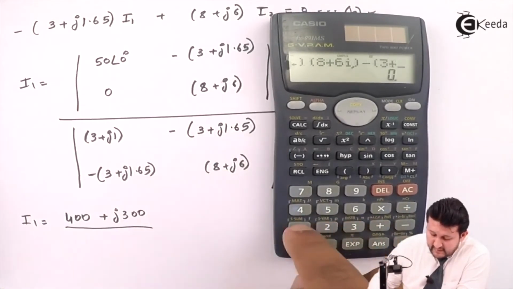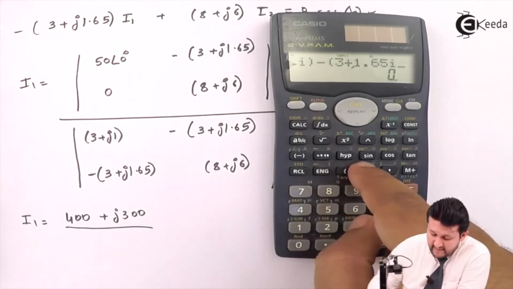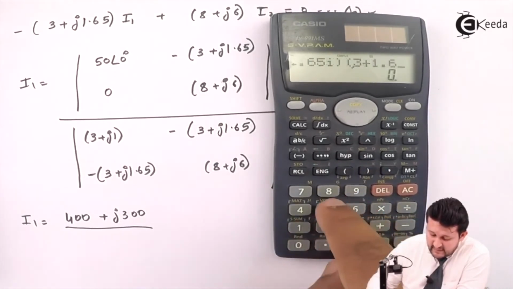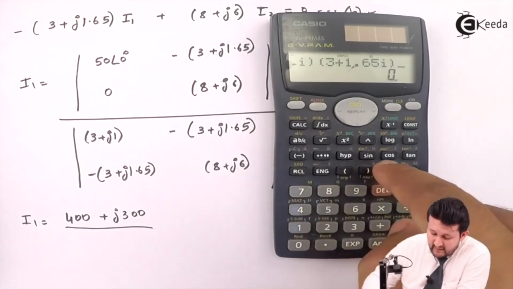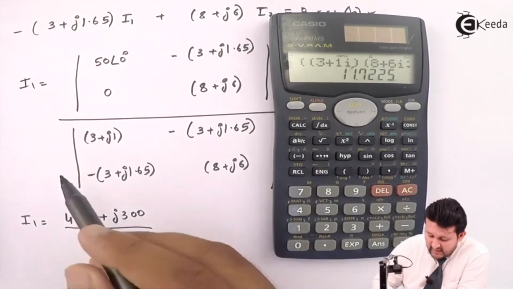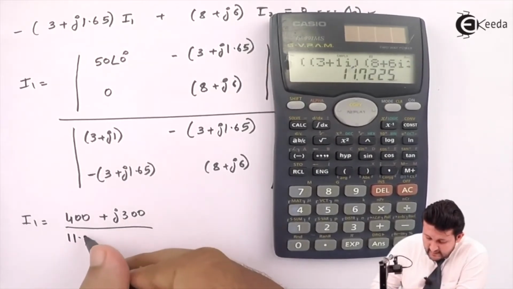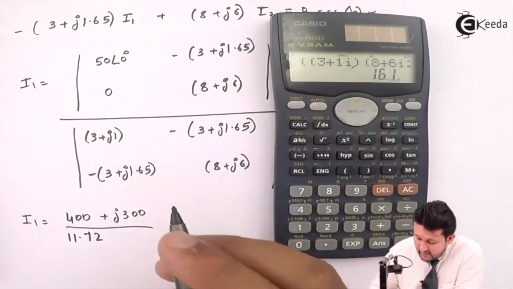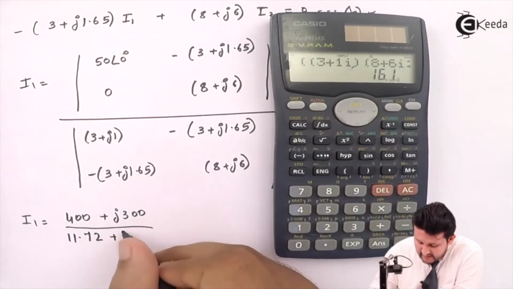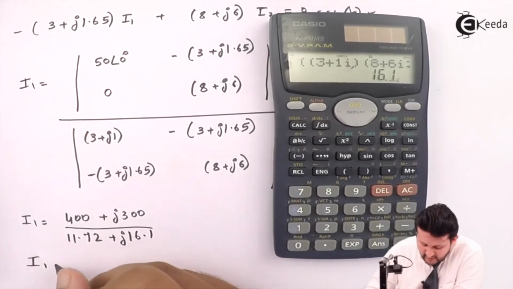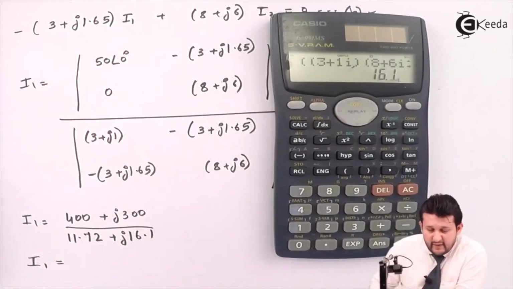It will be 3 plus 1.65 I, bracket close, bracket, 3 plus 1.65 I, bracket close, again bracket close for the denominator. So the value which you get is 11.72, shift and equal to, the value which you get over here is j16.1. So divide both the values, you will get the value for I1.